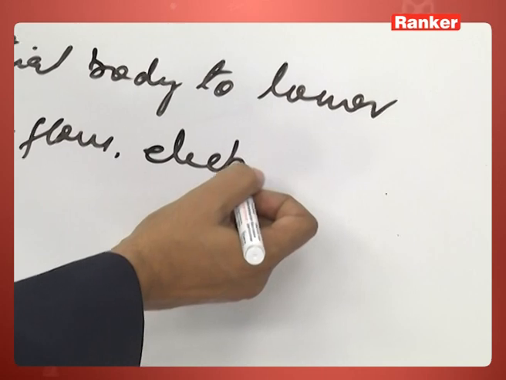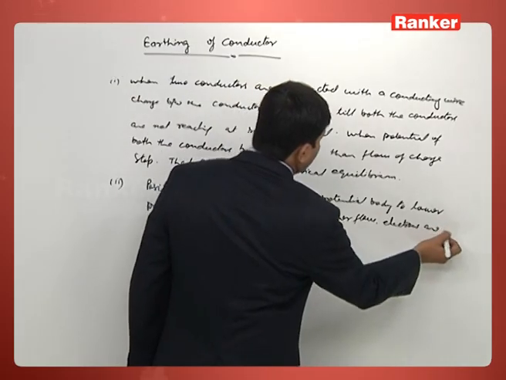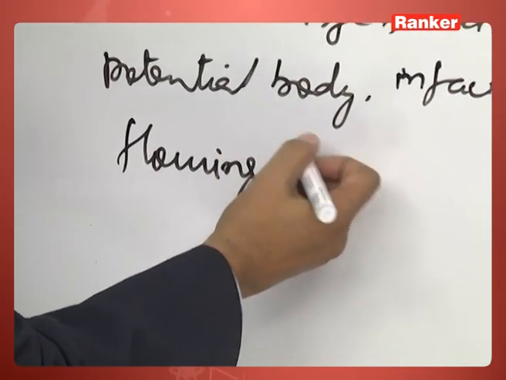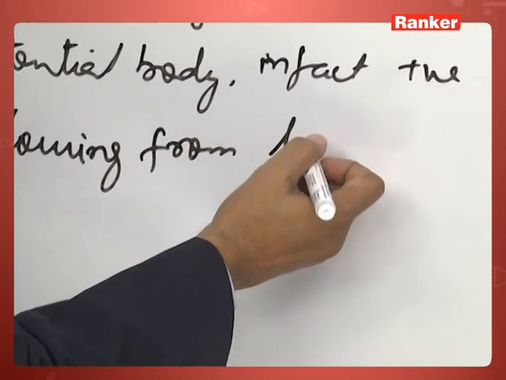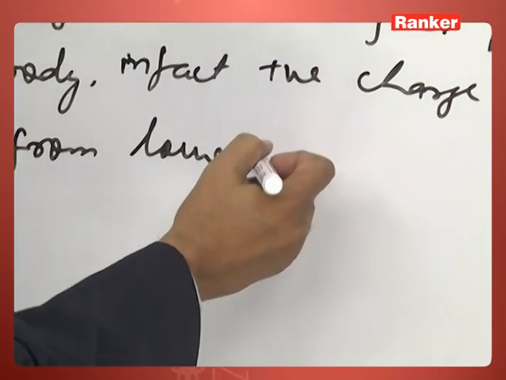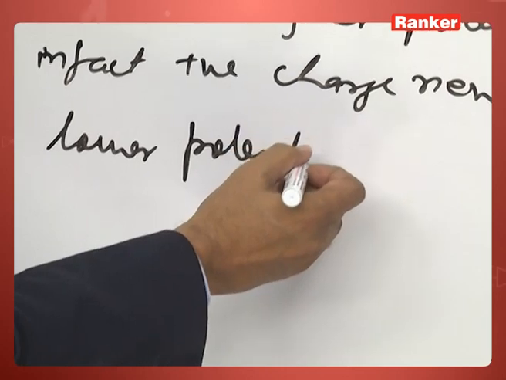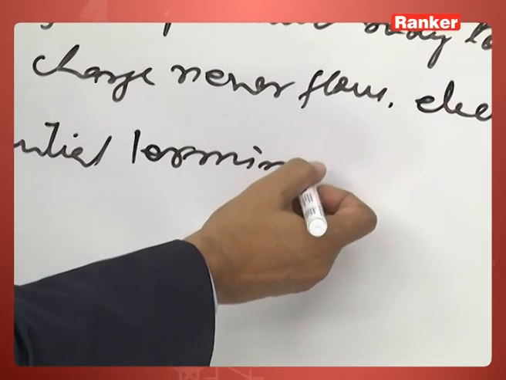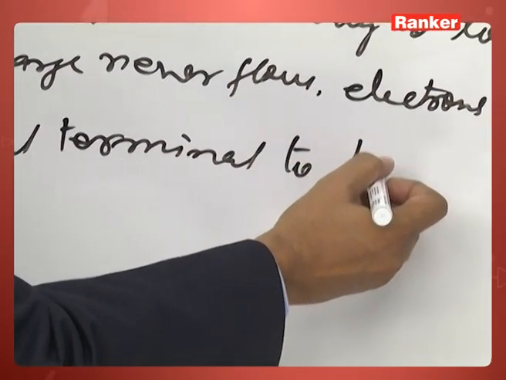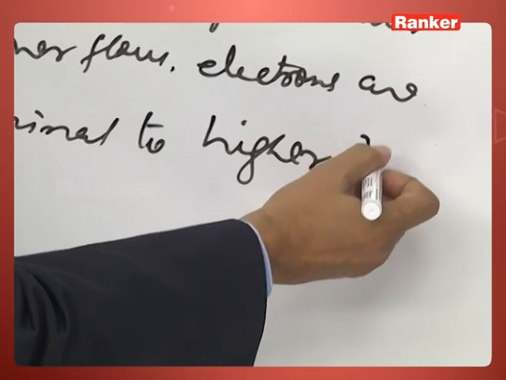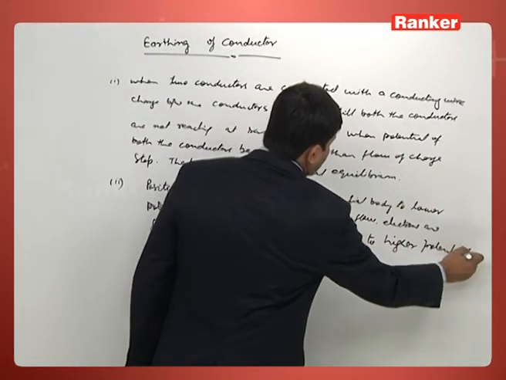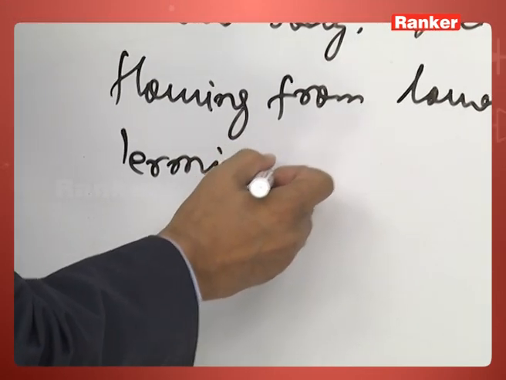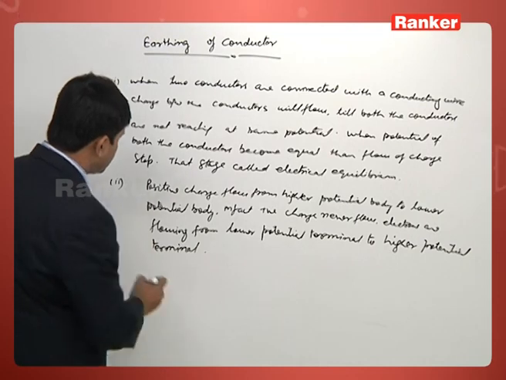Electrons are flowing from the lower potential terminal to the higher potential terminal. This is the second point.